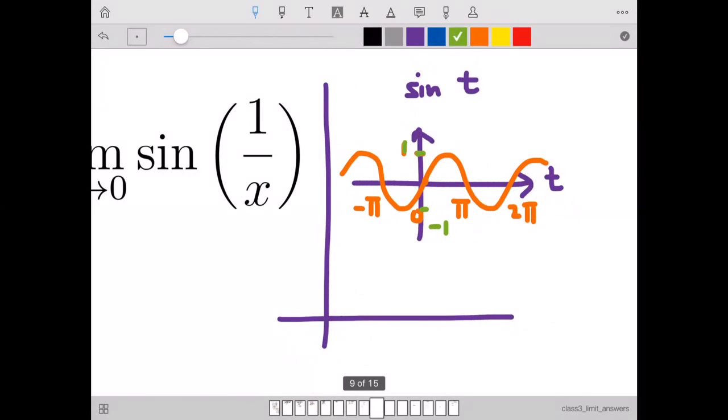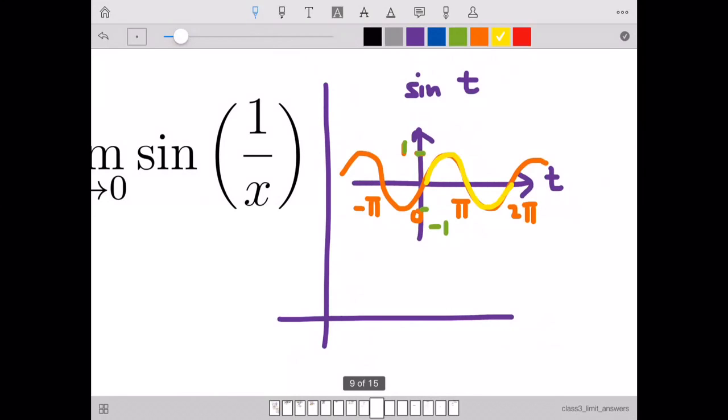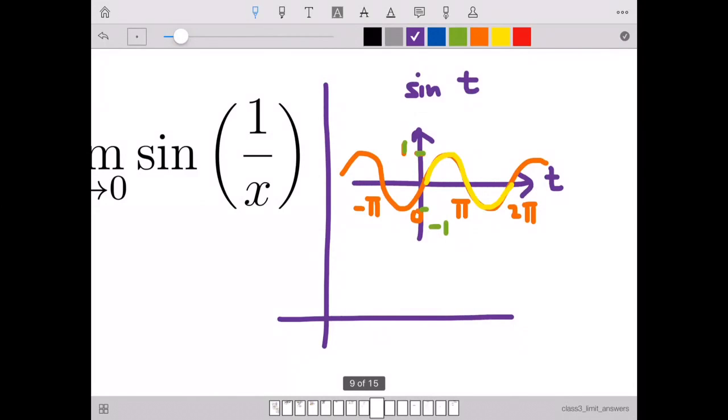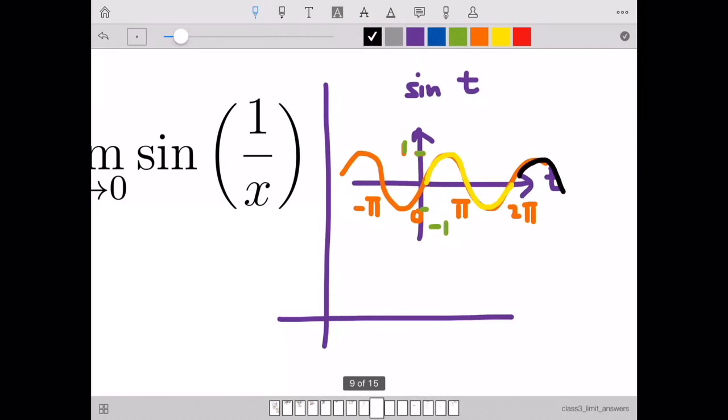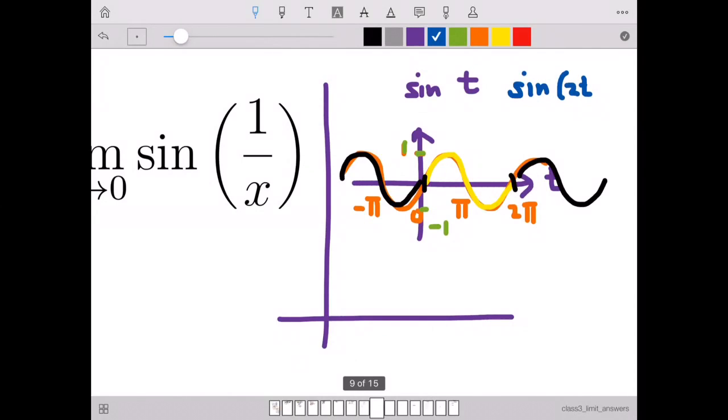So from 0 to 2 pi, I have one curve, and then it repeats itself. So the period is 2 pi. Every 2 pi interval, it repeats itself. That's sine t, but if we have sine 2t, then the period becomes pi.